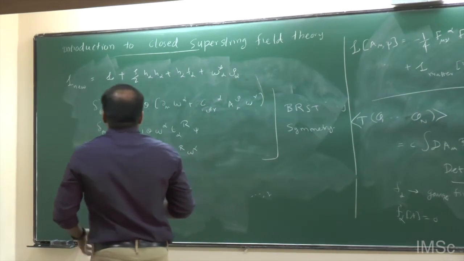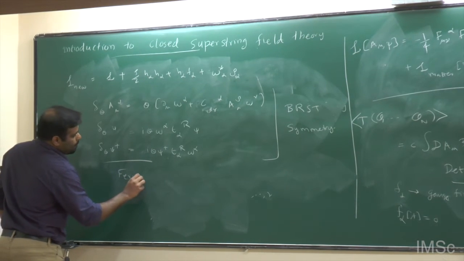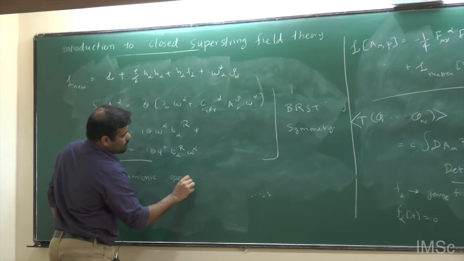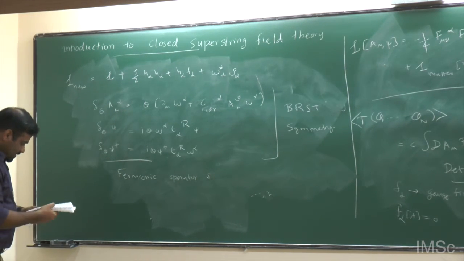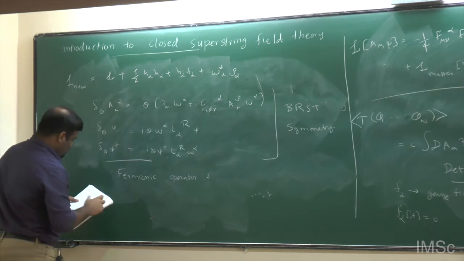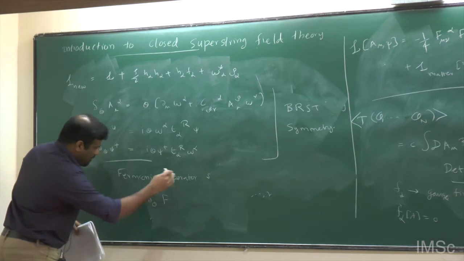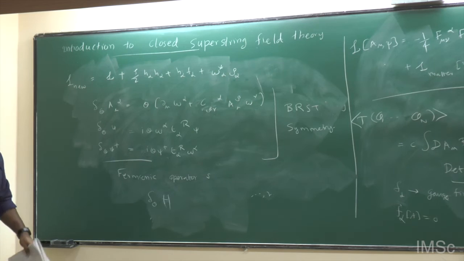Now, for convenience, you can introduce a fermionic operator S. The fermionic operator S is defined as delta theta of F, where F is, say, H, a function of all these fields.